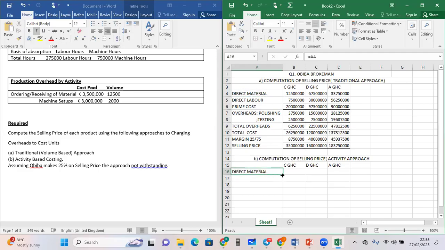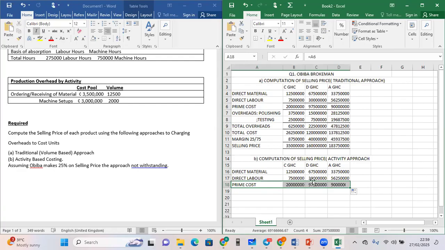The direct material and then the direct labor will be the same.